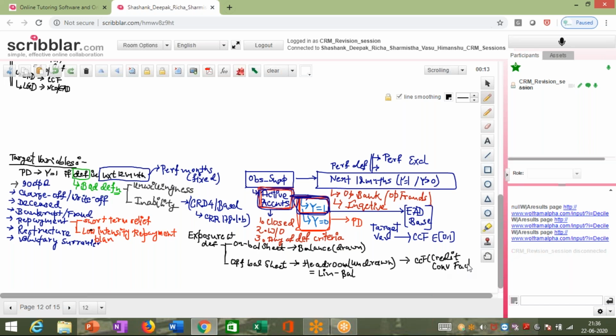Now the question is: how do I calculate this credit conversion factor, and how do I calculate the exposure at default? How do I get the observed values of the CCF? That is one of the important questions.